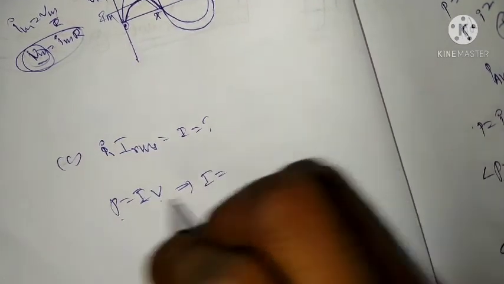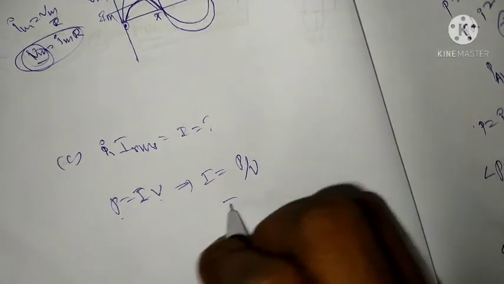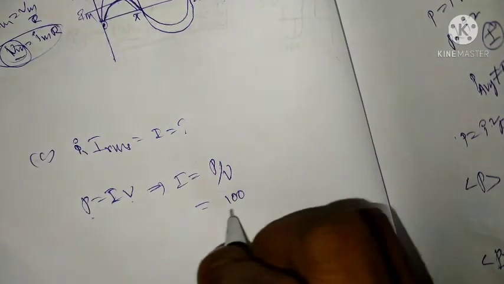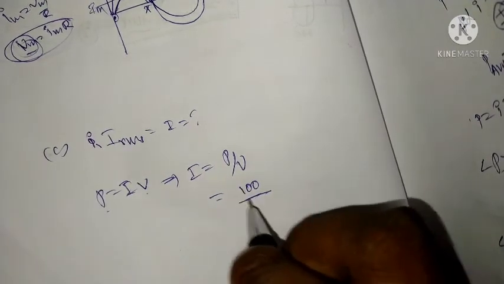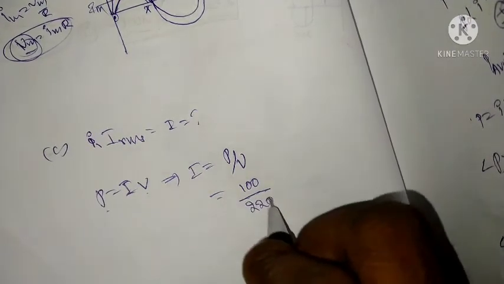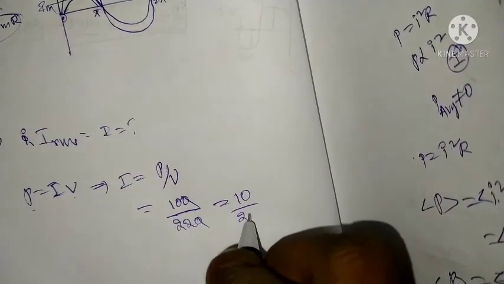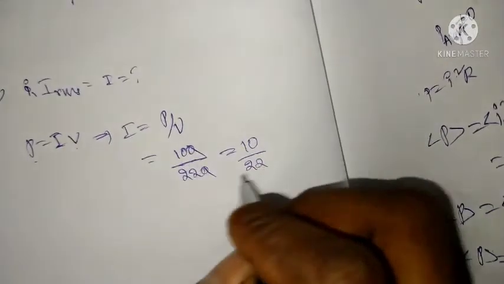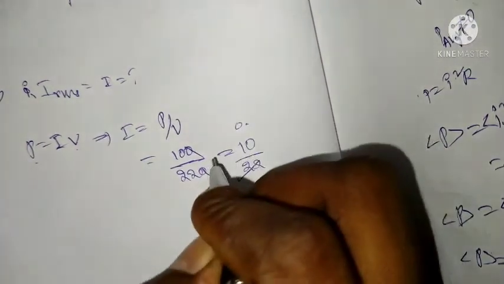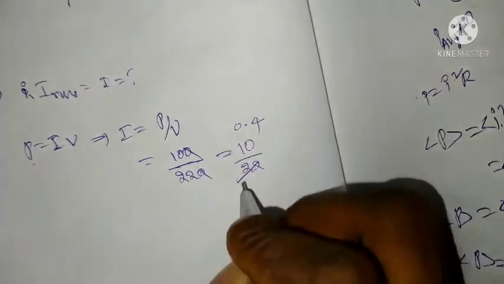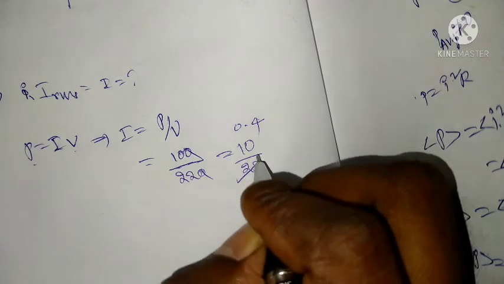I is equal to P by V. What is the power? 100 watts, by the voltage 220. Zero cancels, that is 10 by 22. Taking 22 into 1, that is 0 point, next 4 times gives 88.